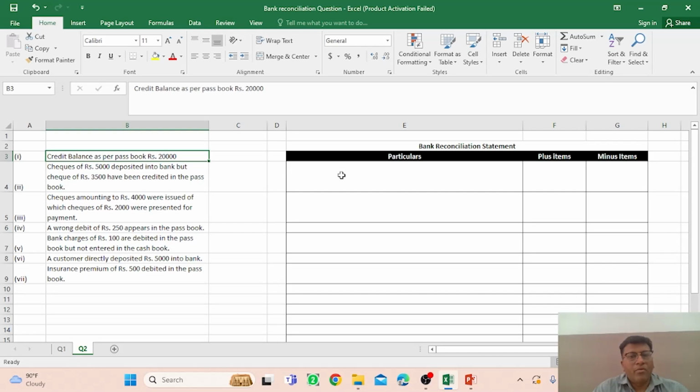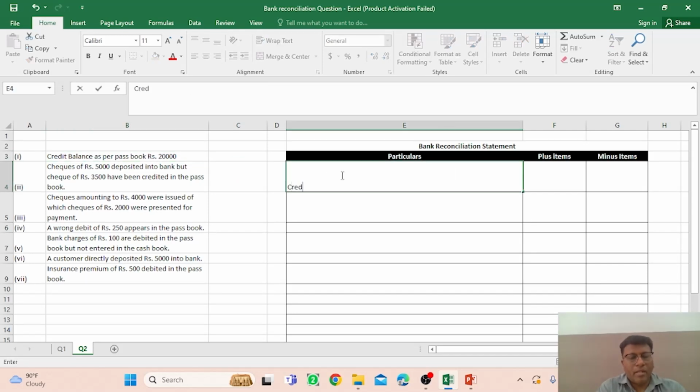So you have to write down here credit balance of passbook on the plus side. Why are we writing it on the plus side? Because if the credit balance of cash book is given to you, that is a minus item, but the credit balance of passbook is given to you, that is a plus item, right?